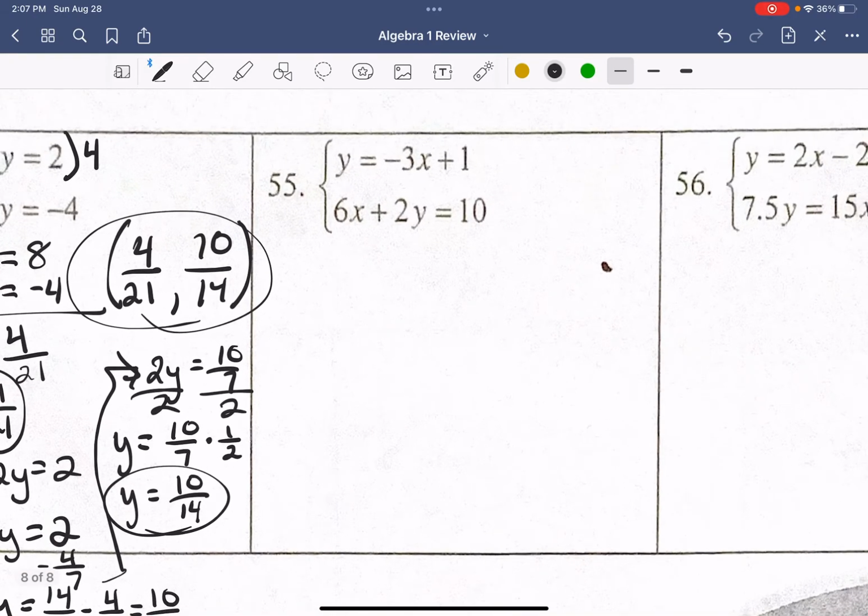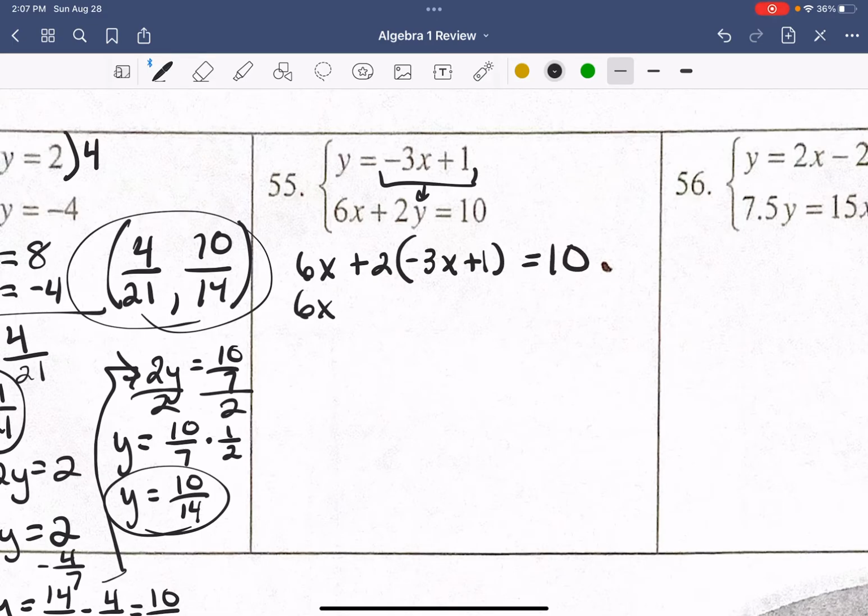Okay, moving on from that nightmare, we have a much nicer question for number 55. It is giving us a y equals something, so the easiest way to solve this is going to be substitution, and that's where we just plug in this where we see the y in the other equation. So I'm going to do that. 6x plus 2 times the negative 3x plus 1, in parentheses, equals 10.